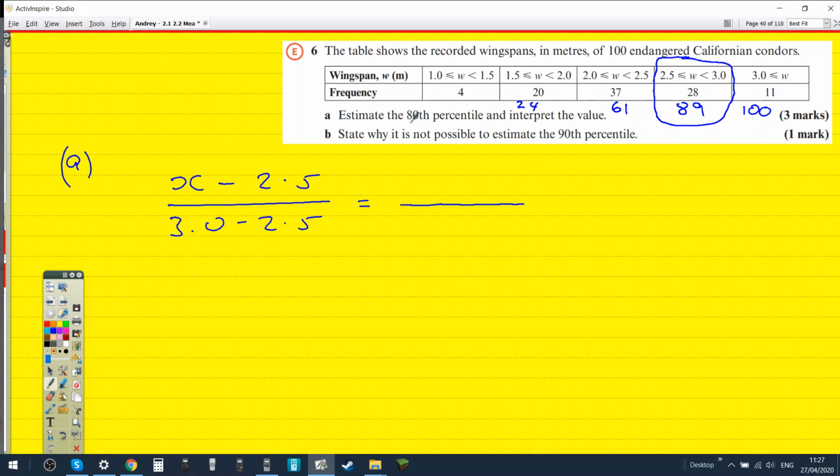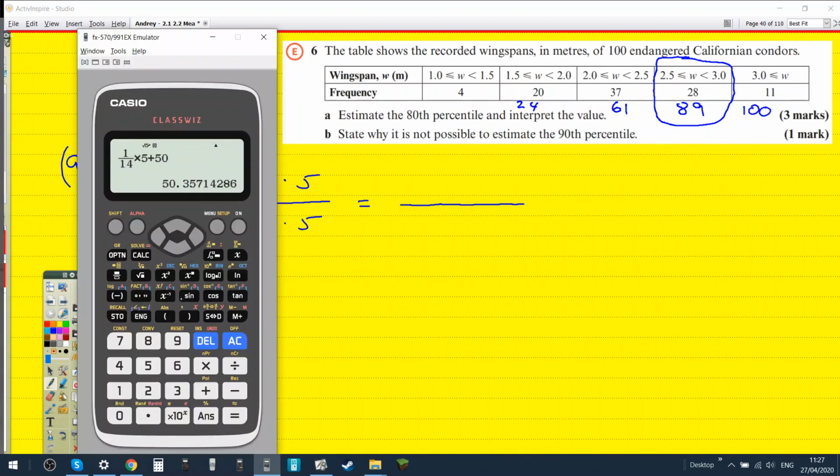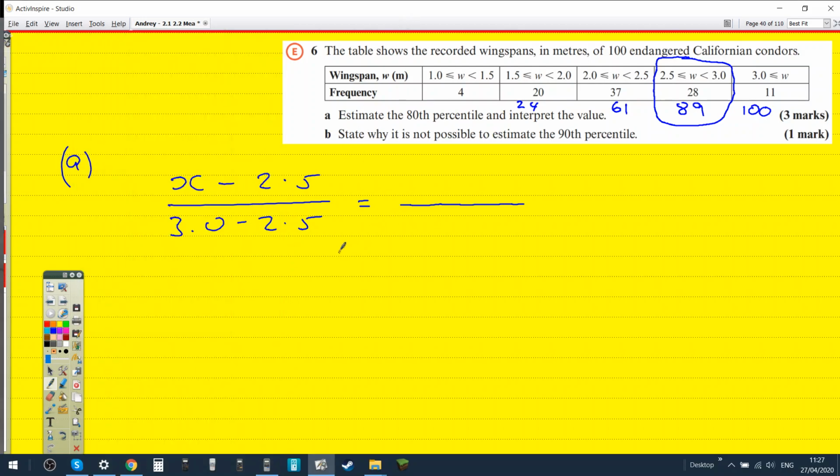What we usually do is 80% of 100. What is 80% of 100? 80. I think that's why I skipped it. So its position is going to be 80, minus 89, over 28.